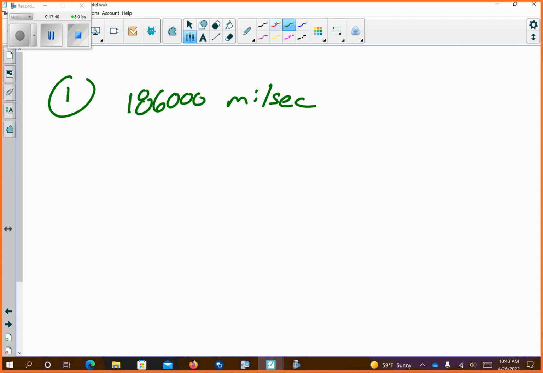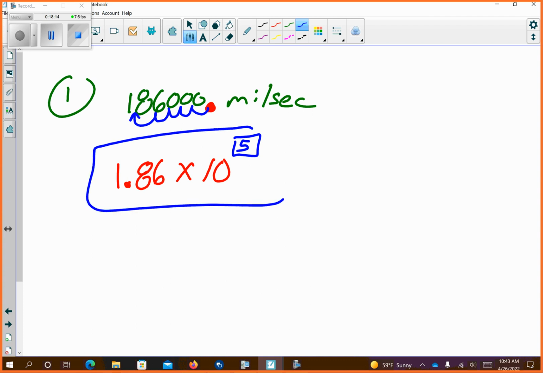So first off, where is my decimal sitting right now when I look at that problem? Yeah, at the very end. It's sitting right here. So I want to make this become 1.86 times 10. And this is a big number, so this should be a positive number. So I'm going to go 1, 2, 3, 4, 5. 1.86 times 10 to the fifth miles per second.